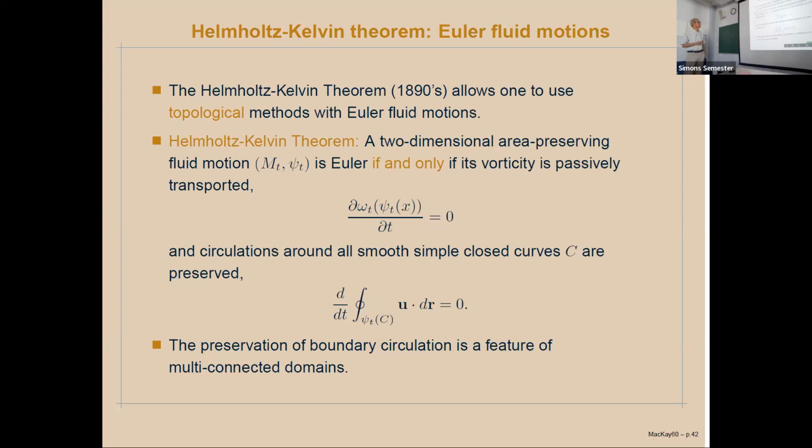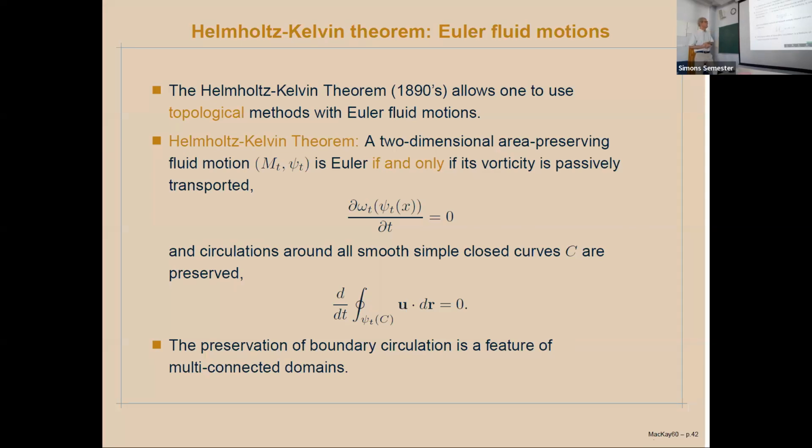So here's a wonderful theorem about Euler's equation, which saves me, because I don't have to think about Euler's equation. There's a theorem due to Helmholtz and Kelvin from two centuries ago now, I guess. You can use topological methods. So this is the amazing theorem that a 2-dimensional area-preserving fluid motion is Euler if and only if its vorticity is passively transported.